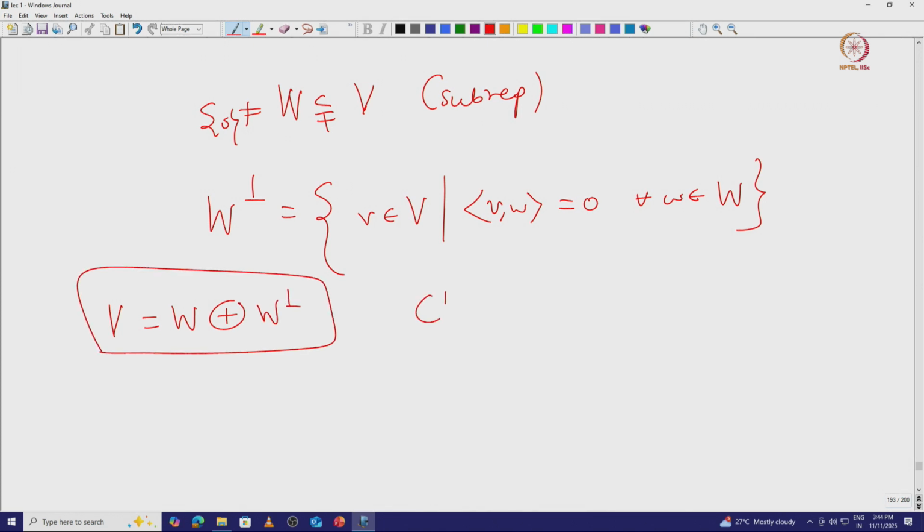We claim that this W perp is indeed a sub-representation of V. Once we prove this claim, it is immediate that the representation we started with decomposes as W and W perp. Since W is proper, it is immediate that the complement W perp is also a non-zero sub-representation.